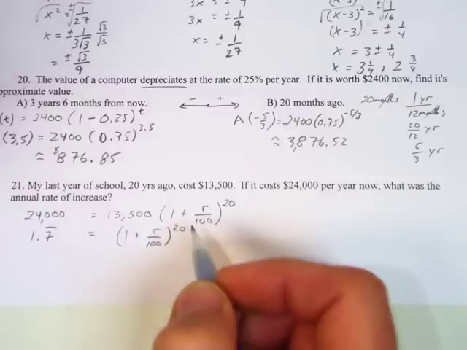Now, what if I had a number like 1.7 equals something squared? What would you do? You would take the square root of it. Well, since it's raised to the 20th, what we want to do is raise it to the 20th root, or 1/20th power.